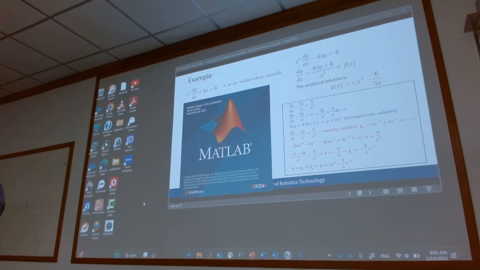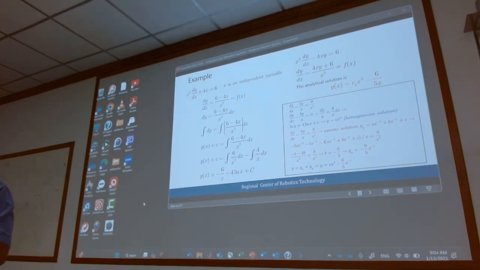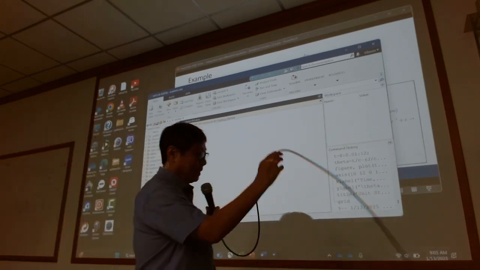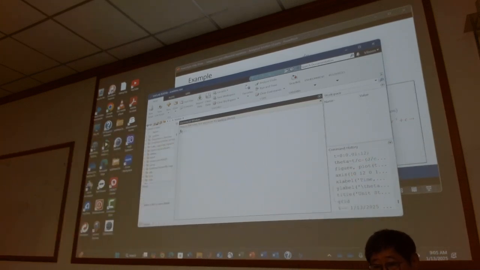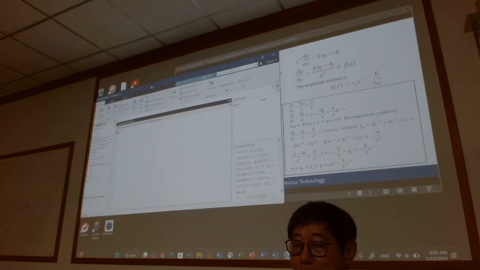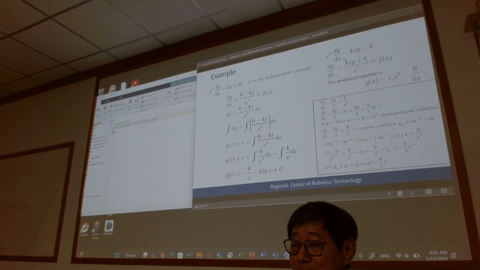So in your MATLAB, you have to install Symbolic Math Toolbox as well. Most of you, when you install MATLAB, forget the symbolic toolbox, but you can add it on. So I will use symbolic math to solve this one.